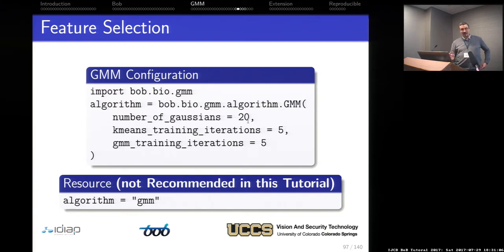I think I have generated some reasonable parameters in here, because with the default parameters, you can use the resource, but for this small example it will take a long time, because we have optimized the parameters on larger data sets so that they generate good results. So this is the algorithm. We use 20 Gaussians, which is actually the same as the number of identities, now that you tell me, but it doesn't need to be. And we do 5 iterations of k-means EM training and 5 iterations of GMM EM training.